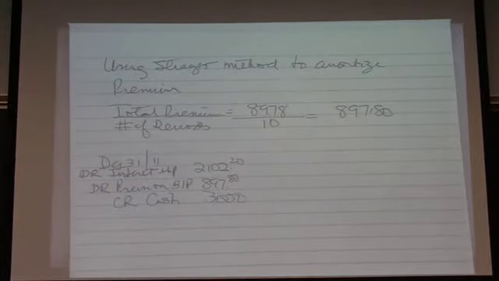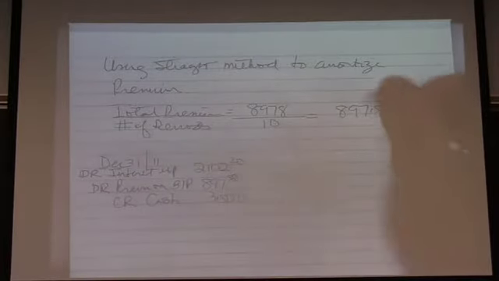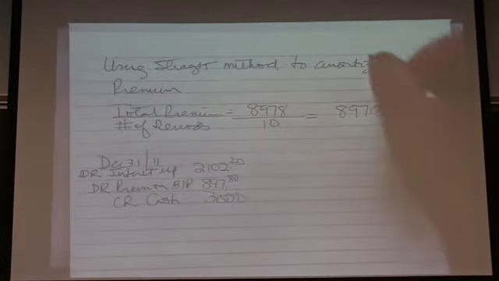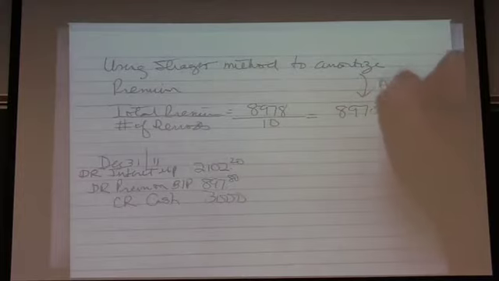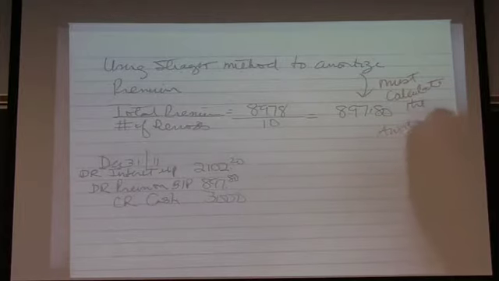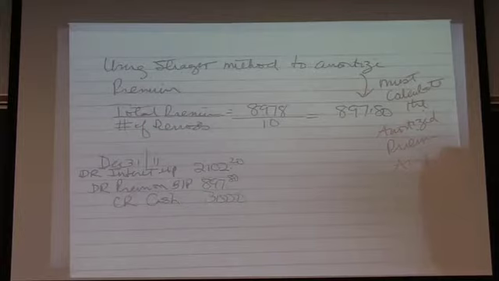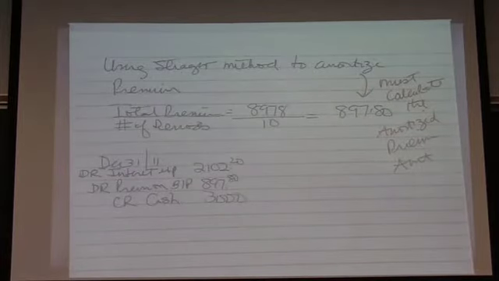So notice what I did here. Under the straight line method, we must calculate the amortized premium amount. Must do that first.